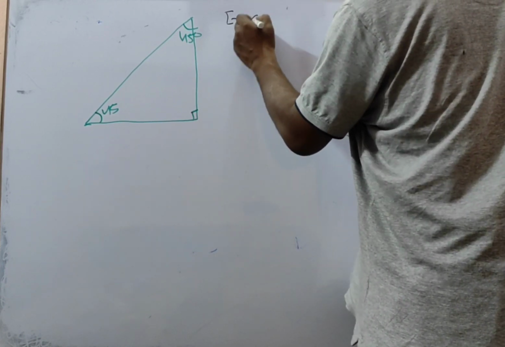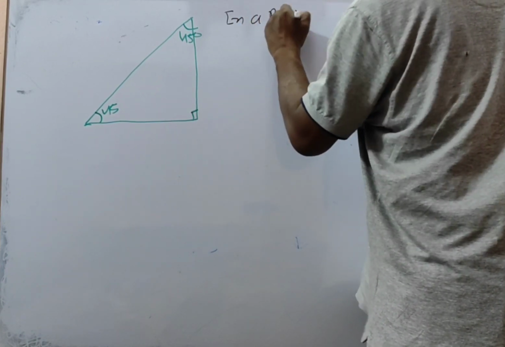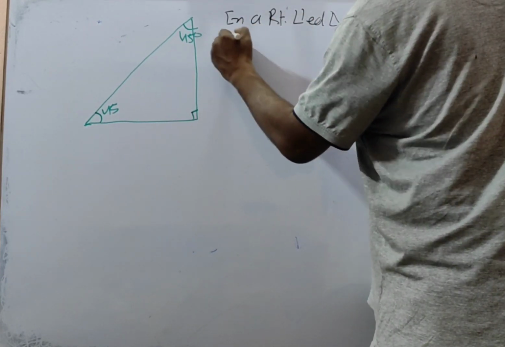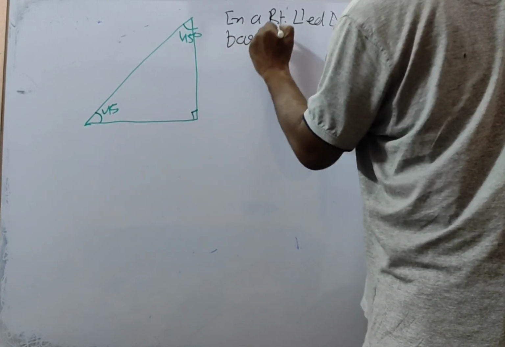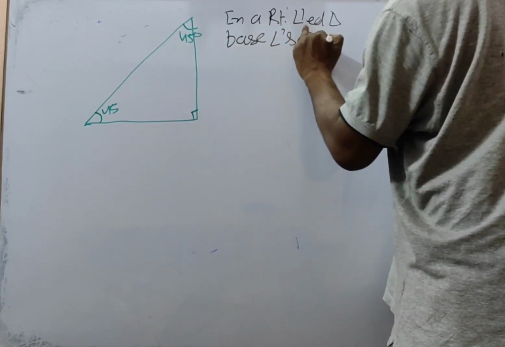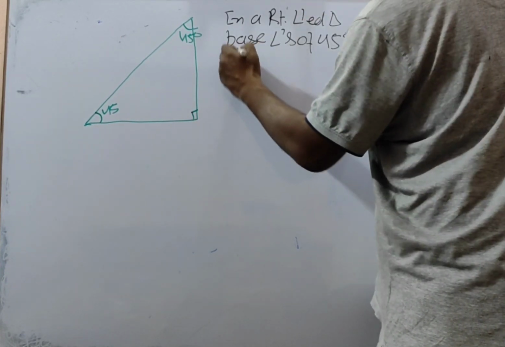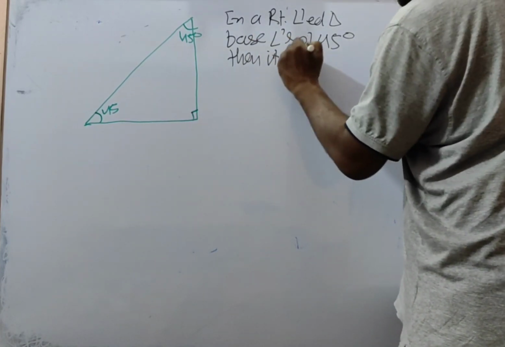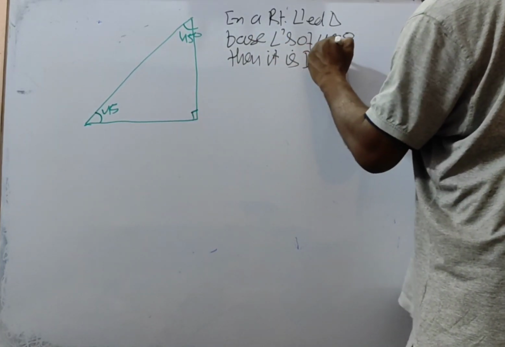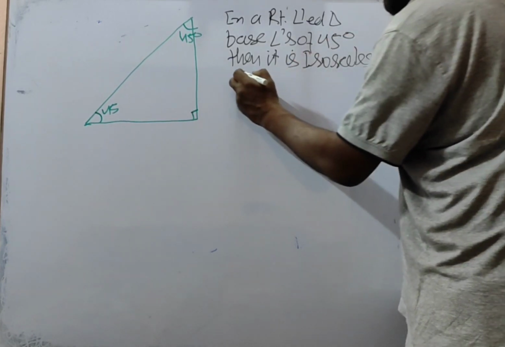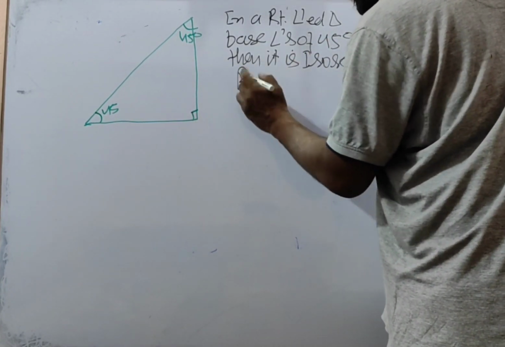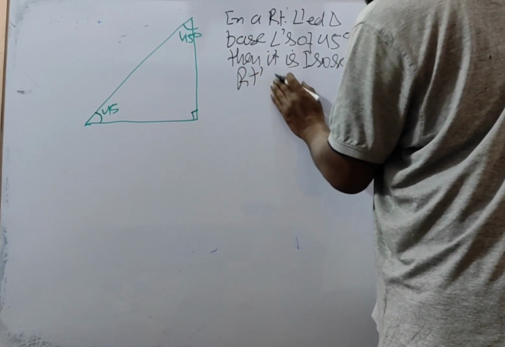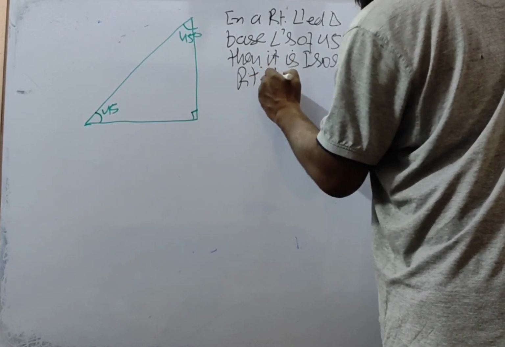So in a right angle triangle, if the base angles are of 45 degree, then it is an isosceles right angled triangle. Fine.